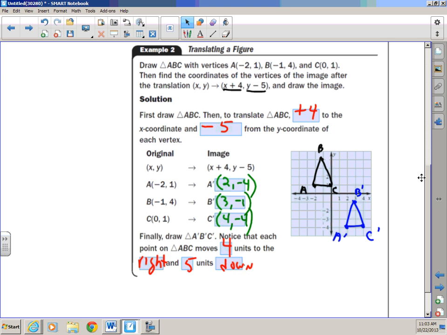Meaning, is the length of AB and A prime B prime any different? Is the measure of angle A and A prime any different? Is the perimeter or area of the triangle any different? Hopefully your answer to all of these questions is no.